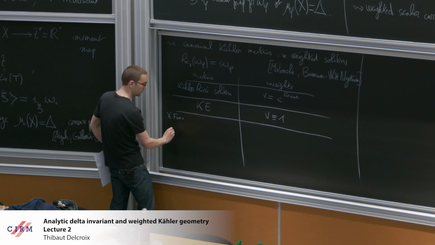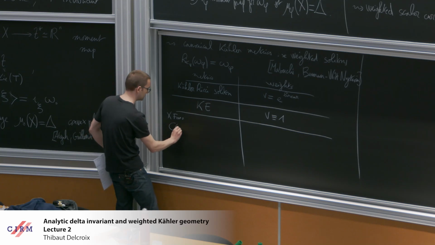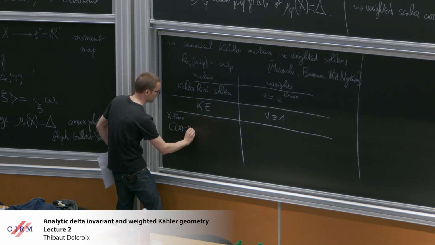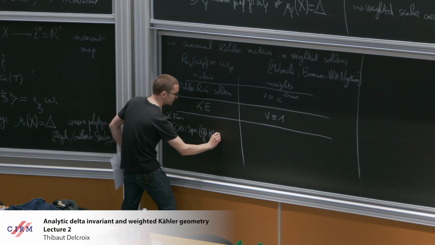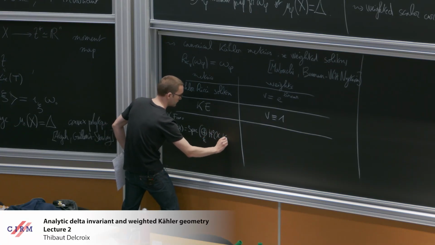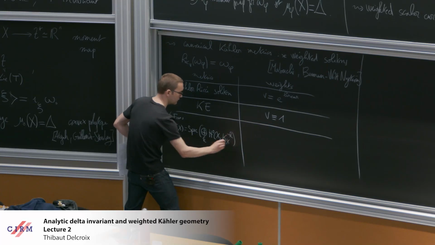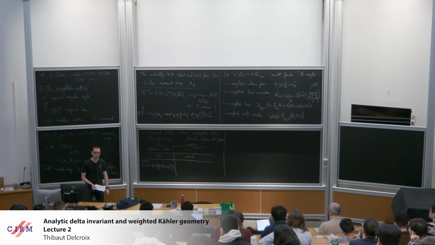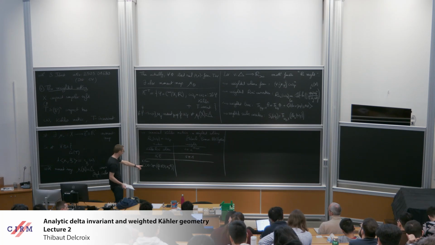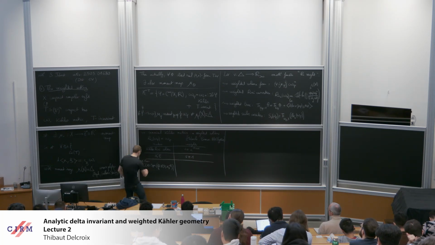So say X is Fano, and you consider the cone over X. So as in yesterday's talks, consider this algebra, but you take the Spec. And then this is really a cone, an affine cone.